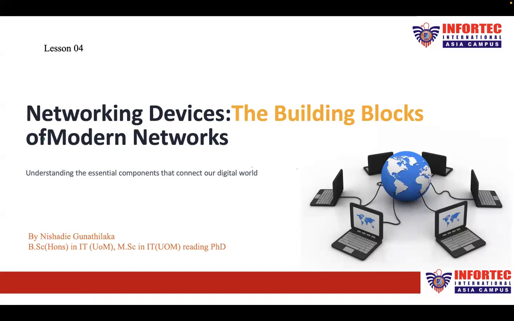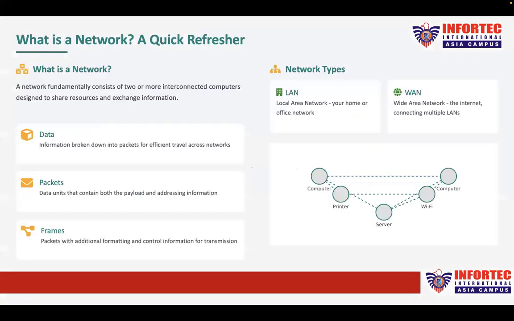In lesson 4, basically we discussed the networking devices. We consider these the building blocks of modern networks. And we discussed the basic structure of a network. A network is a collection of devices connected with the intention of sharing and communicating.